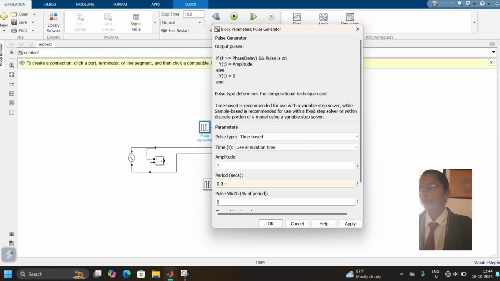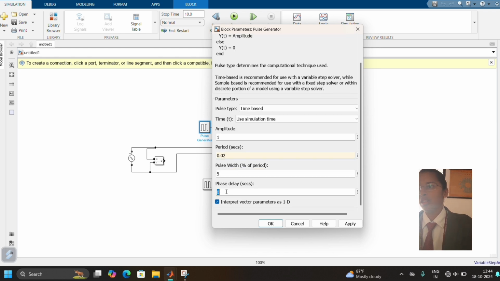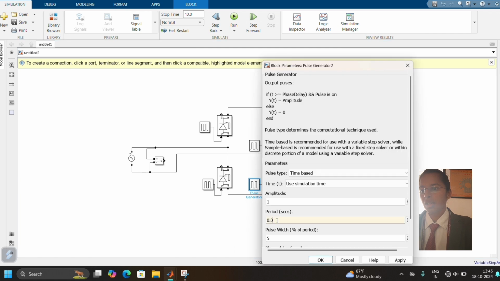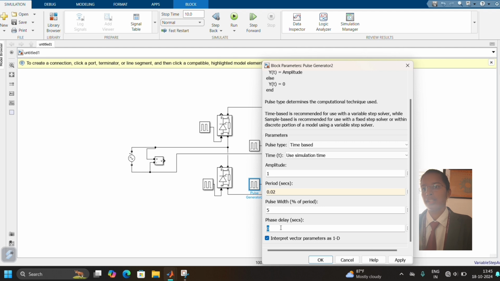Change the setting of the scope. In settings, the number of input ports is 3. Then layout. In layout, we consider 3 rows. Then apply, OK and cancel it.